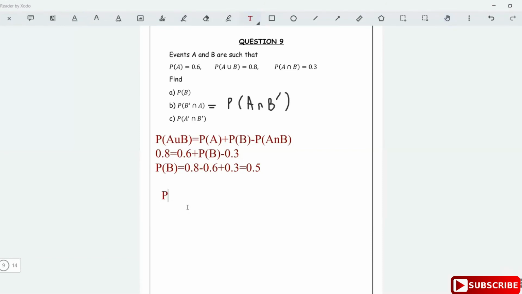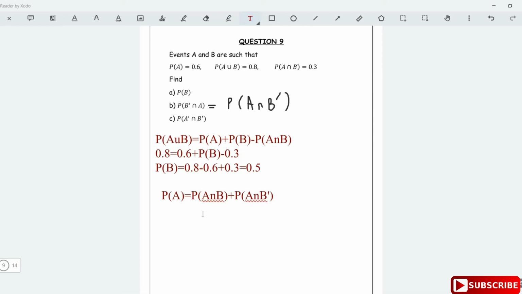I know that the probability of A is equal to the probability of A intersect B plus the probability of A intersect B complement. I love my one formula.